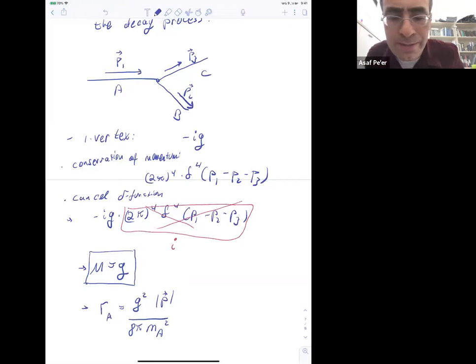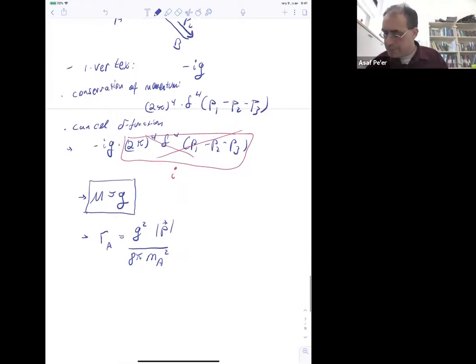All right, it's A, B, and C. Really simple, isn't it?